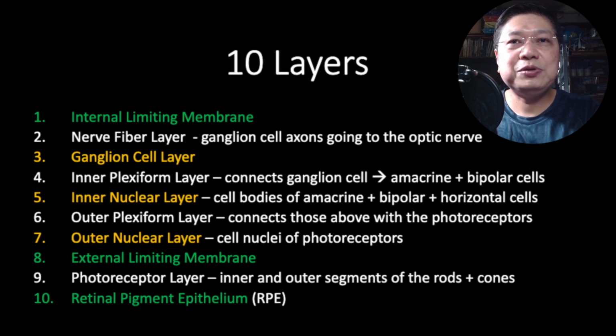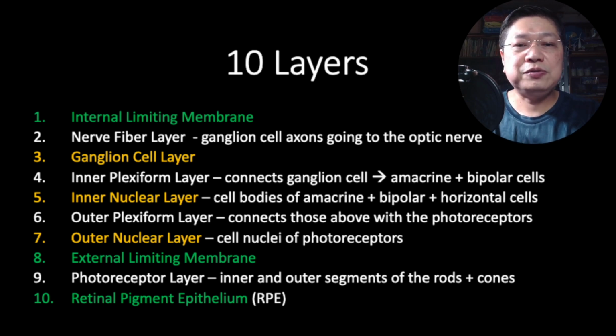Okay, so photoreceptors going into the cells, the amacrine, bipolar, horizontal cells, which are basically connector supportives, and going into the ganglion cell layers. So 3 areas, very, very important with cells. In between them are connectors, and the greens are basically the membranes or the protectors of those areas.